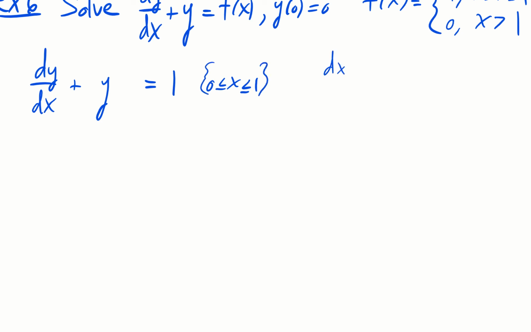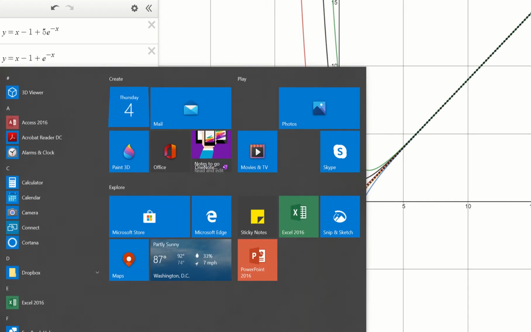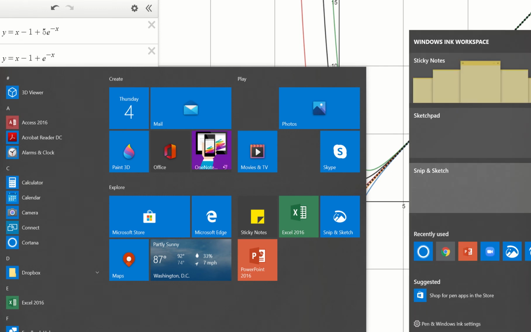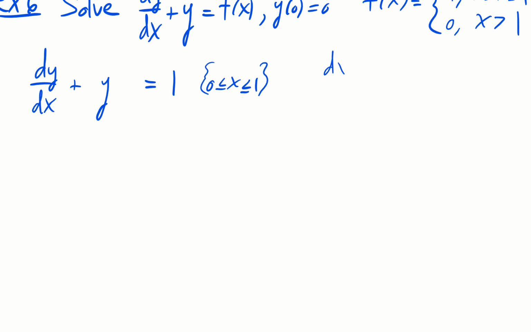And it's going to look like, if I can get my whiteboard back, there we go, dy dx plus y equals 0, and this is going to be on x greater than 1.